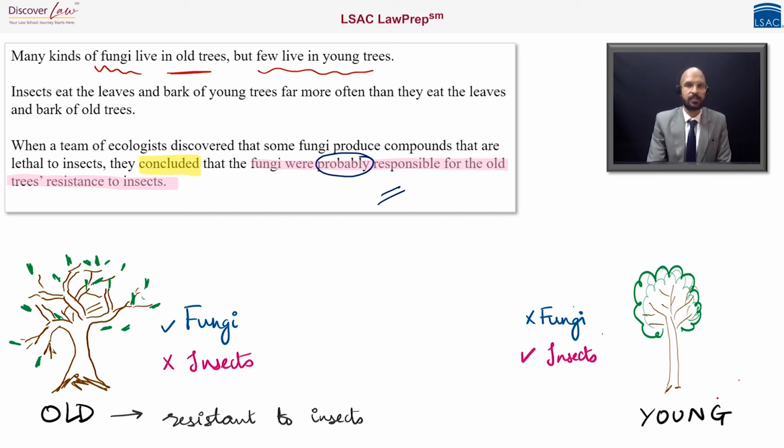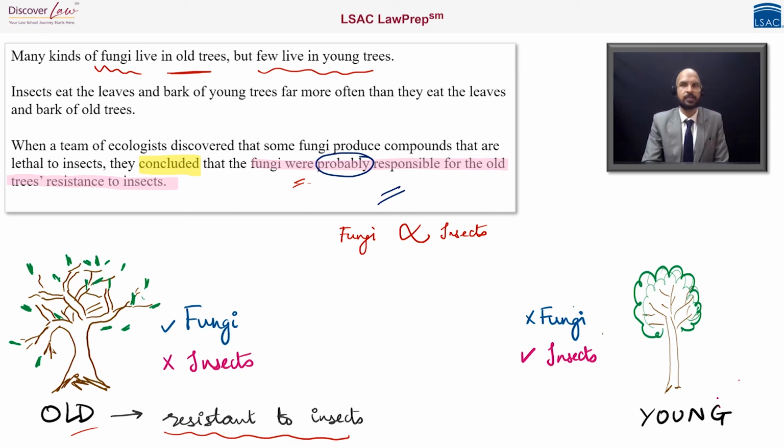They concluded that the fungi were probably responsible for the old trees' resistance to insects, because you have the fungi here, and the fungi are lethal to the insects, and therefore they concluded that the trees are resistant to the insects. Let's look at the argument once again.